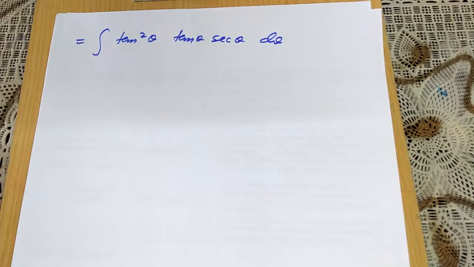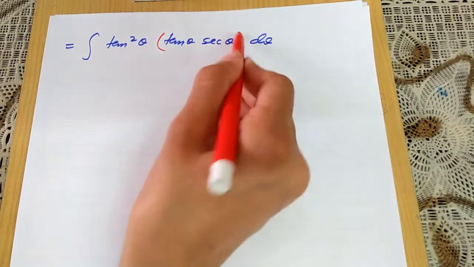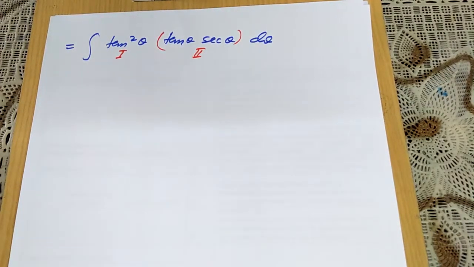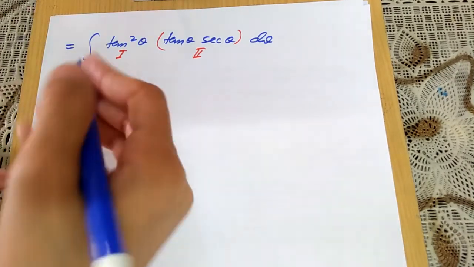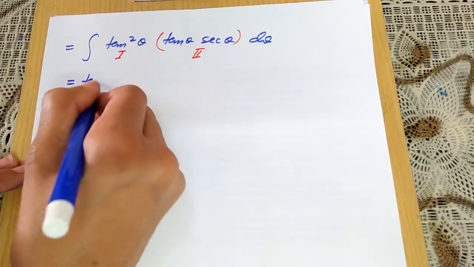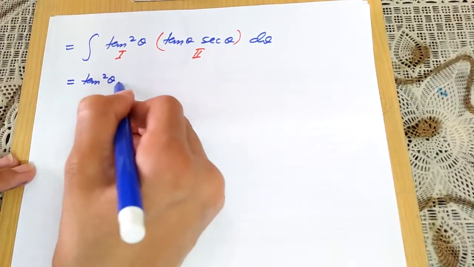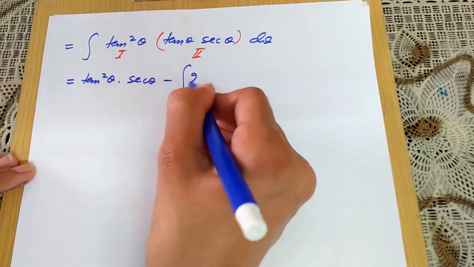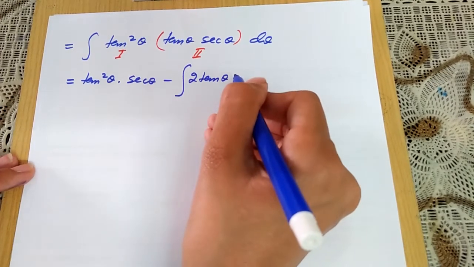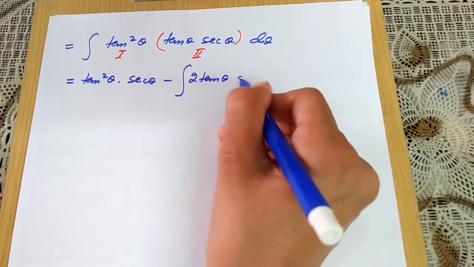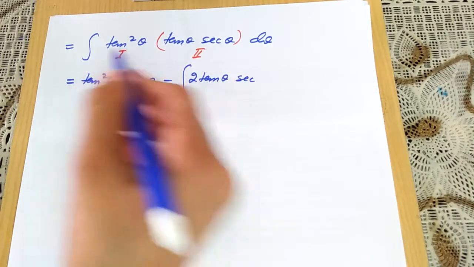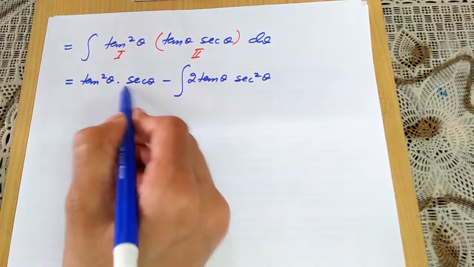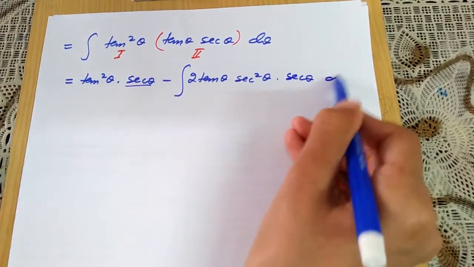Now here I can use the integration by parts formula. I am separating both functions. Let tangent square of theta be the first function and tangent theta secant theta as the second function. So integration by parts will give us first function into integral of second function, which is secant theta, minus the integral of the derivative of first function, which is 2 tangent theta and the derivative of tangent theta is secant square of theta, times the integral of the second function, and this secant theta will come as it is, d theta.